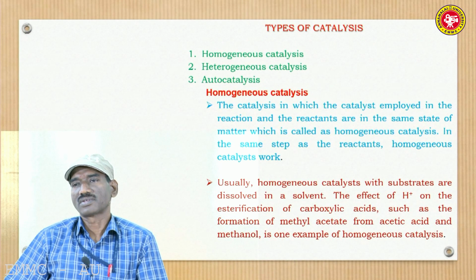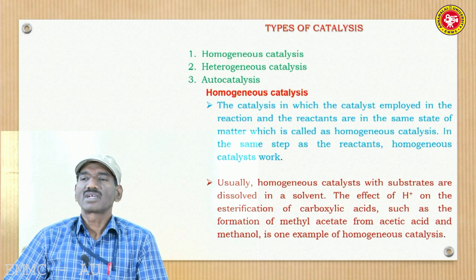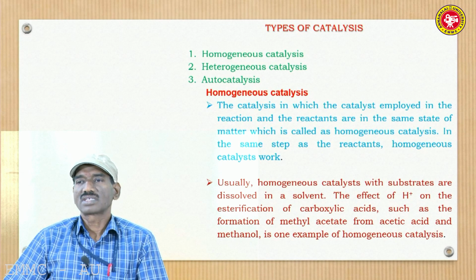Types of catalyst. Majorly we may consider three types. The first one is homogeneous catalysis, the second one heterogeneous catalysis and the third one autocatalysis. Homogeneous catalysis is catalysis in which the catalyst employed in the reaction and the reactants are in the same state of matter.